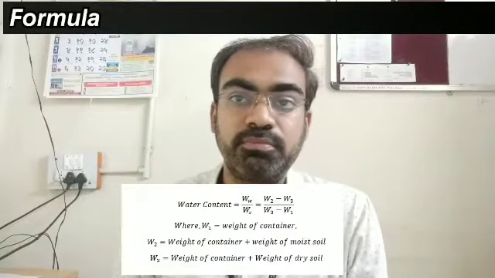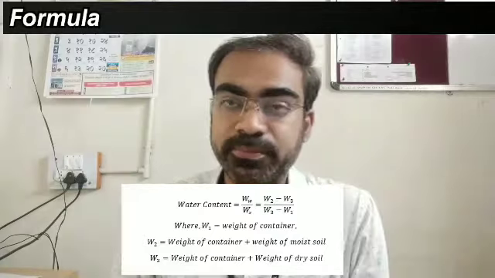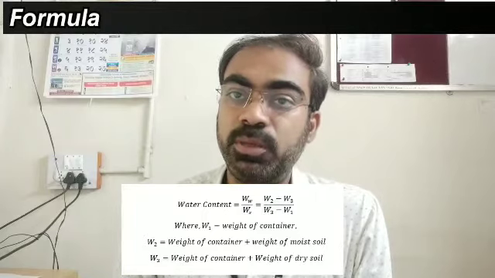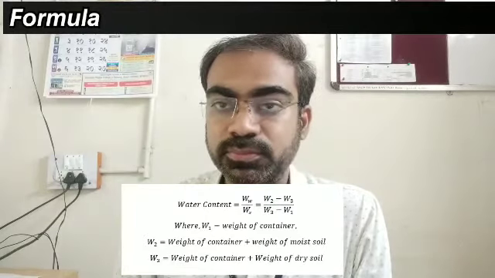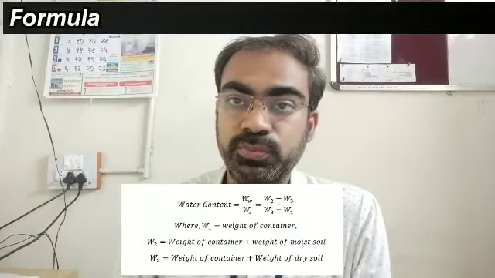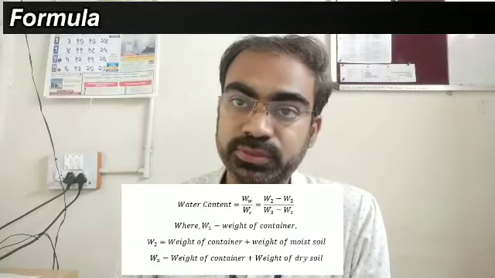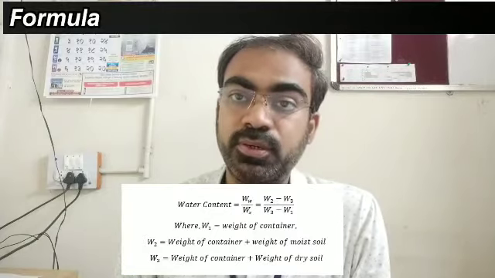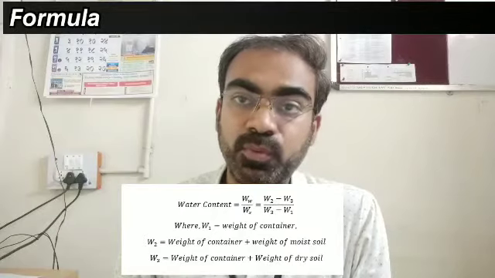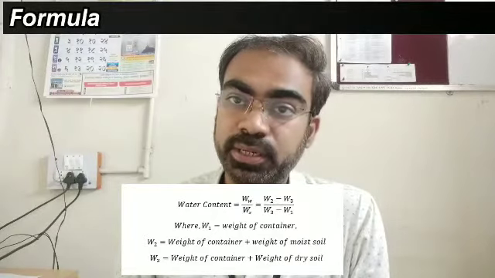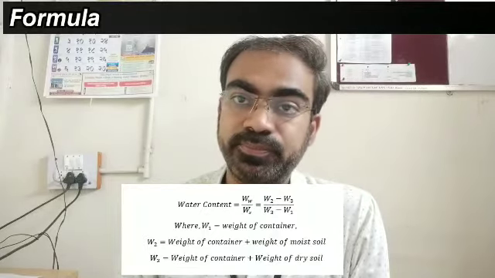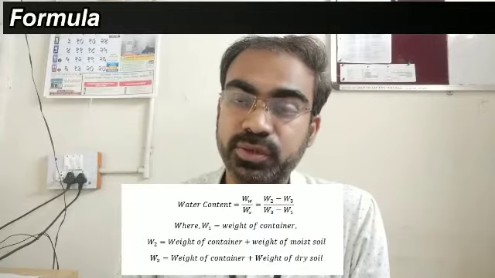But practically it is calculated by w = (W2 − W3) / (W3 − W1) × 100, where W2 is the weight of container plus weight of wet soil, W1 is the weight of empty container, and W3 is the weight of container plus dry soil.